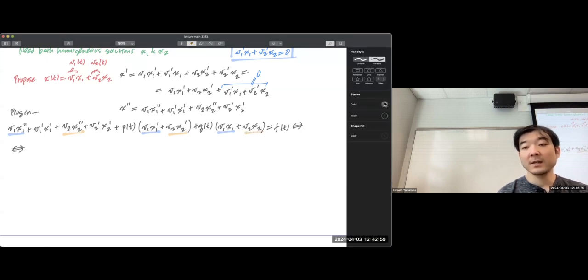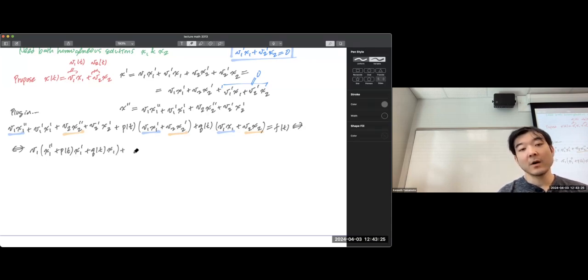And so I'll consolidate. So I'll just say all these blue ones have a v1. And after you factor that out, you have x1 double prime. This one's p of t x1 prime. And this one is q of t x1.